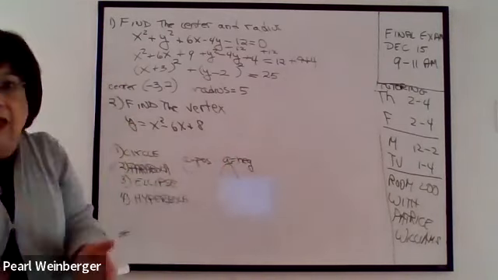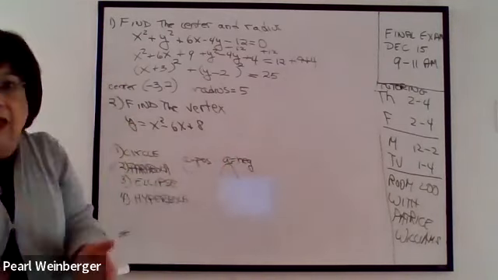Y squared over b squared equals 1, and we want it to equal 1. So this is the standard form of an ellipse. This is not in the standard form, but we can put it in standard form by dividing everything by the 400. Whatever number is over here, we're going to divide every term by it. It's not going to change the value of anything, it's just going to put it in a different format.